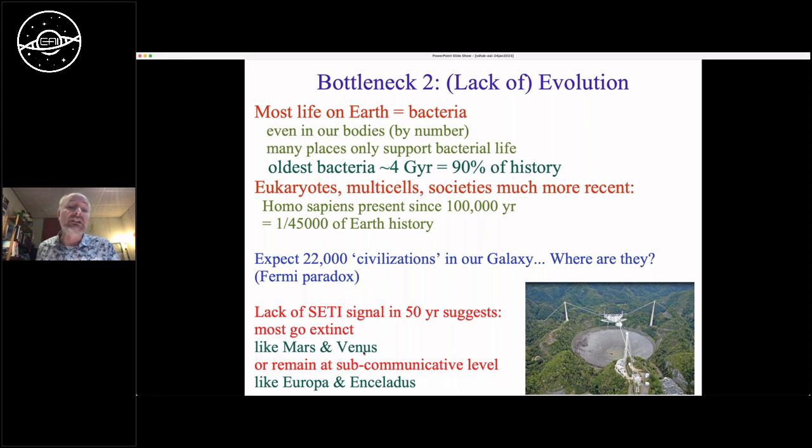That is one possibility. The other option is that on other planets there may be not enough options to evolve beyond a certain point. And this is particularly true for systems like Europa or Enceladus. So these are moons of Jupiter and Saturn, respectively, where there is liquid water, but below an ice layer of several kilometers thick.